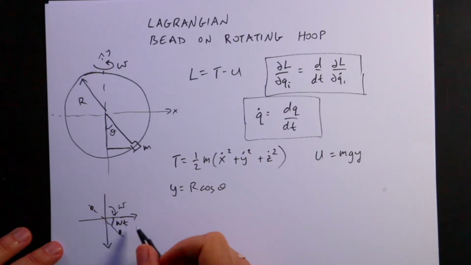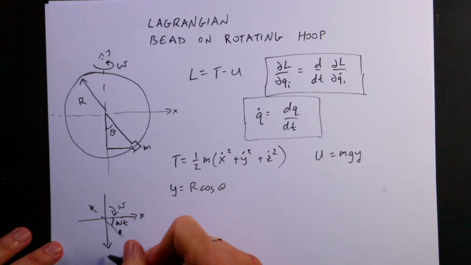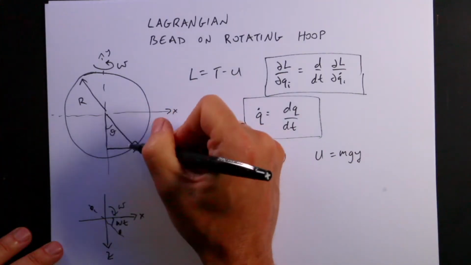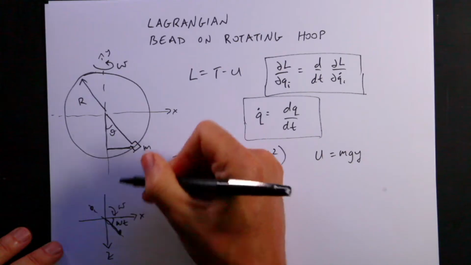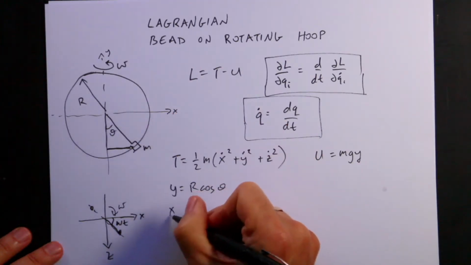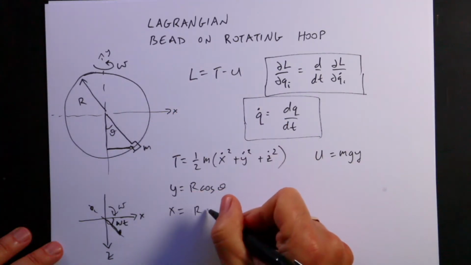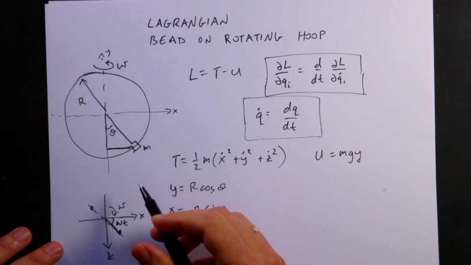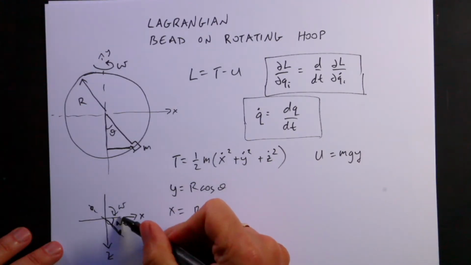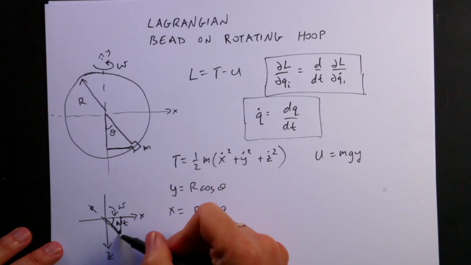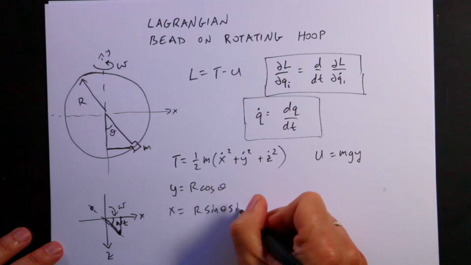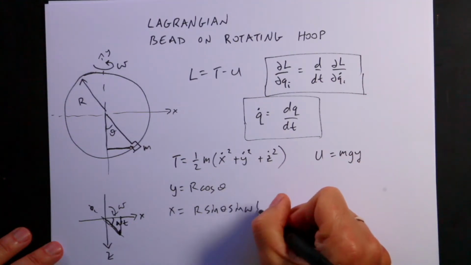So if I want to find the x coordinate, if this is x and that's z, I need to know this value right here, which is this distance. So this value is going to be r sine theta. But then I need to project that onto the x-axis right here. So let's say that is equal to sine omega t.